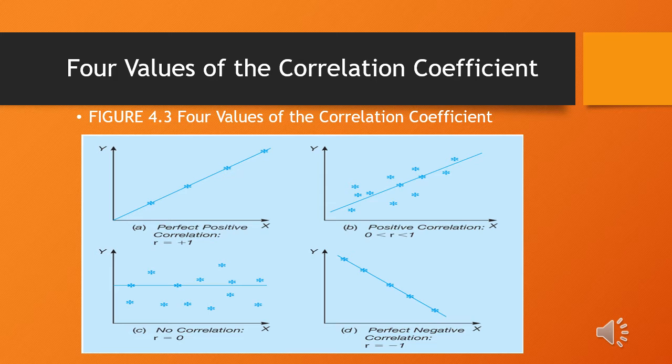Our second example, to the right, is a positive correlation, where r is bigger than 0 and smaller than 1. In the third example, we see no correlation, where r equals 0. And our fourth example is a perfect negative correlation, where r equals -1.